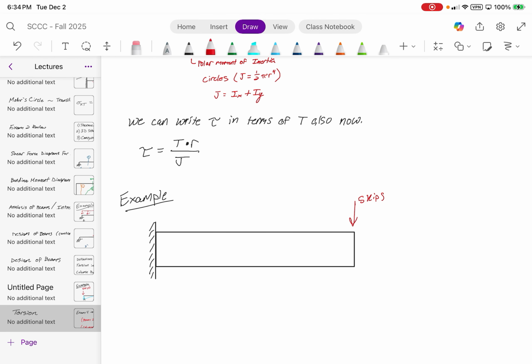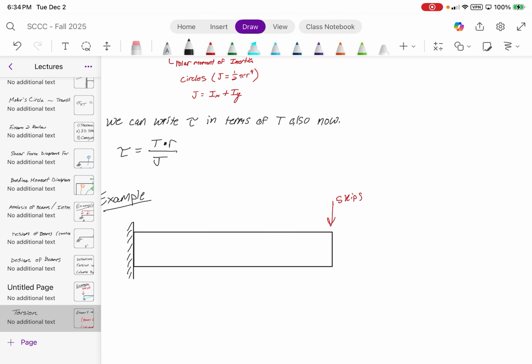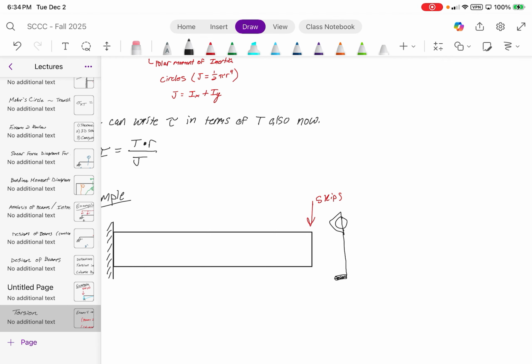All right. But if we look at it from like a side view here, then how does it look?